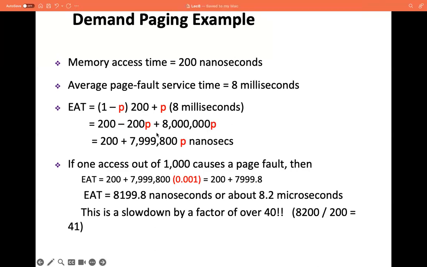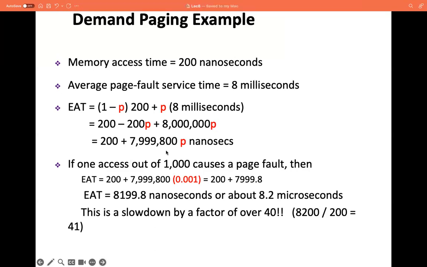If we further simplify this, negative 200P plus 8 million P will become 7,999,800P. So we have the effective access time equals 200 plus 7,999,800P nanoseconds.